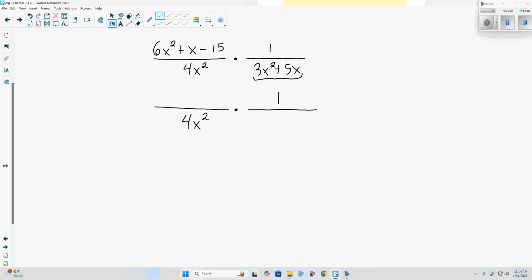Well, the 3x squared plus 5x has a greatest common factor of what? X. So I can take an x out of 3x squared and have 3x, and if I take an x out of 5x, we get 5. Now the 3x plus 5 is as simplified as it gets, because at this point there are no other greatest common factors between 3 and 5, or our variables. We pulled them all out. So the only thing that we have left that can factor is the 6x squared plus x minus 15.